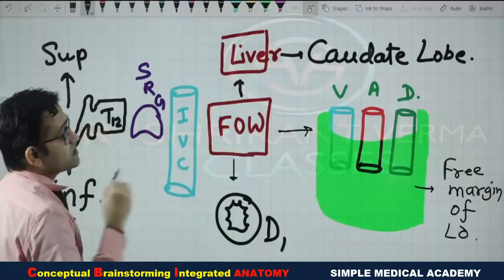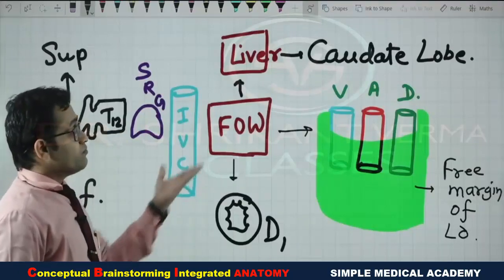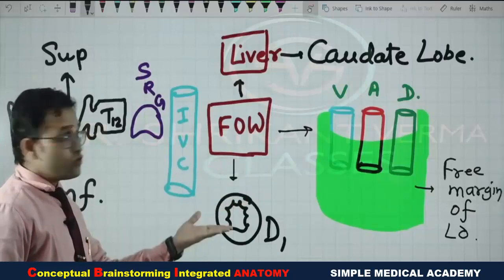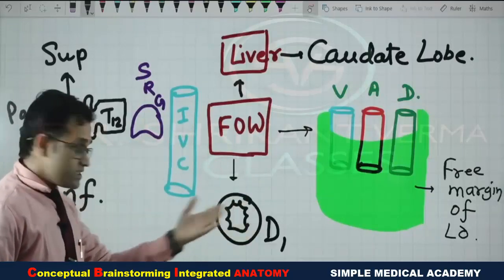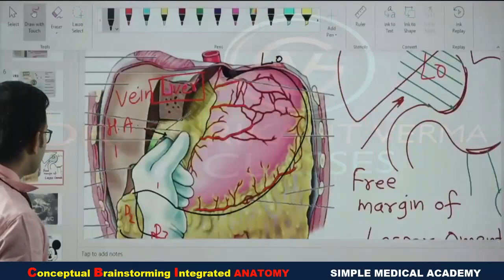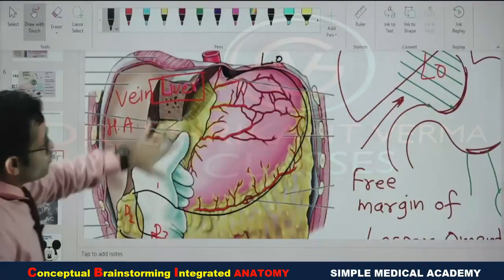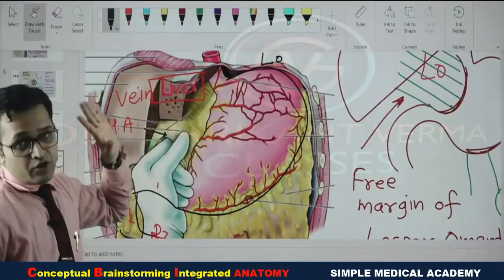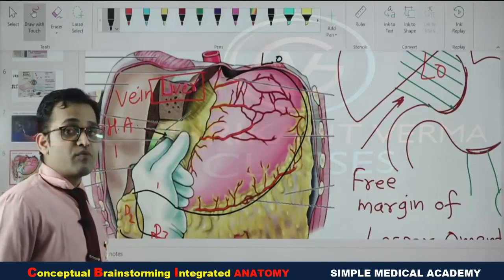So this is just the diagrammatic presentation of the boundaries of the foramen of Winslow. You have to go through BD Chaurasia's simple images, and you can remember it by the clinical Pringle's maneuver. So these are the boundaries of the foramen of Winslow.